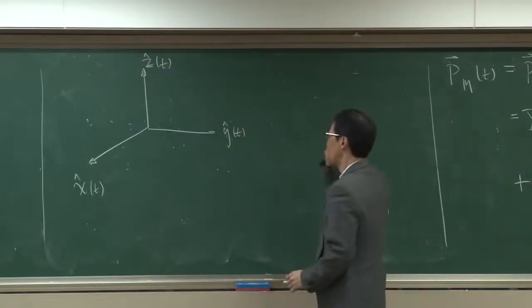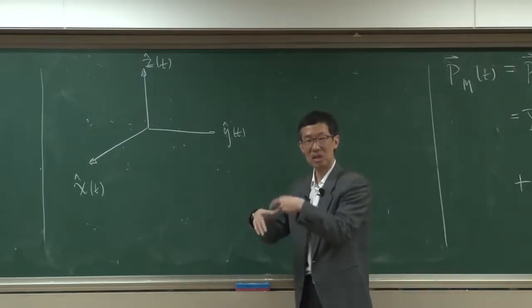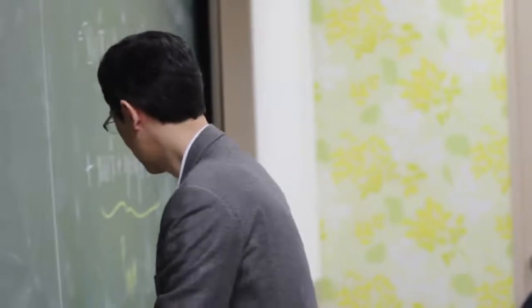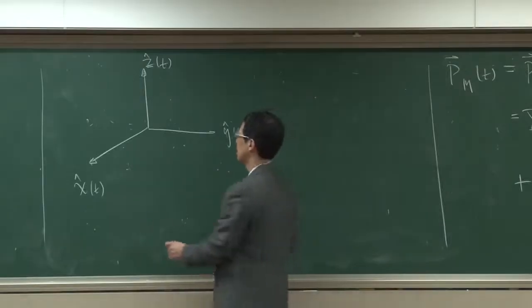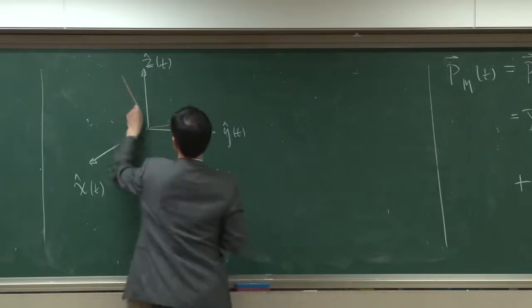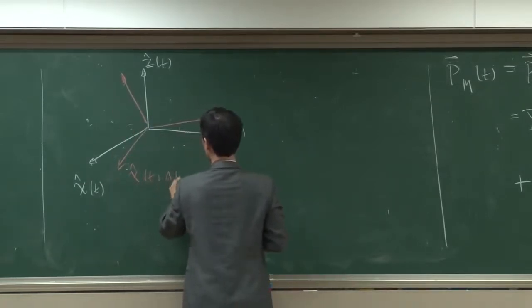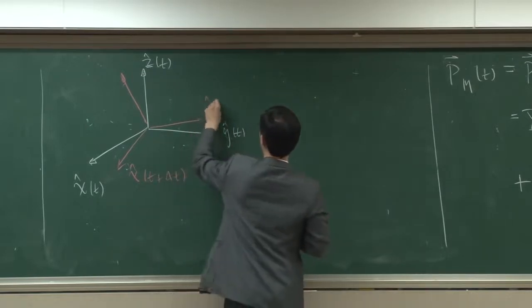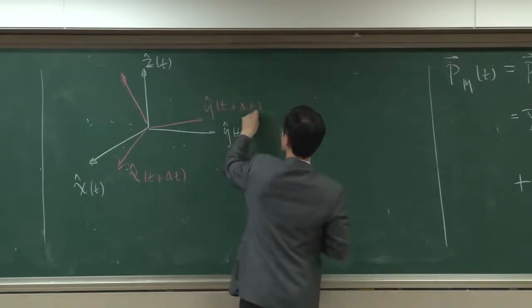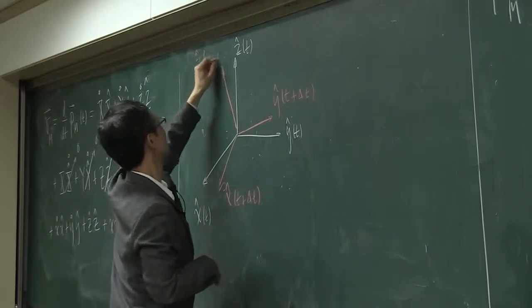Let's say that at a short time later, say delta t seconds later, the orientation changes. So here's the airplane, it changed orientation, so it's maybe banking like this. So these are going to be pointing in a different direction. So this will be x hat t plus delta t. This will be y hat t plus delta t. And finally, we have z hat t plus delta t.